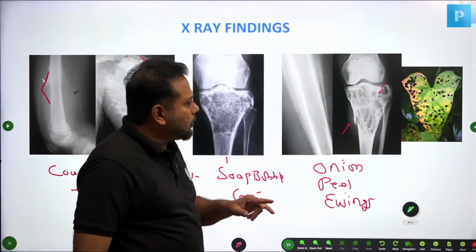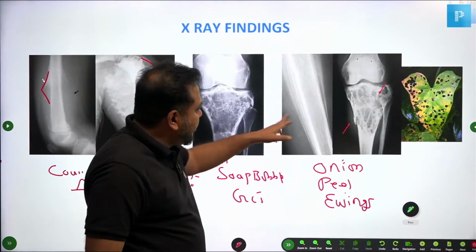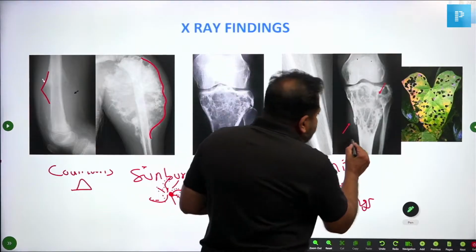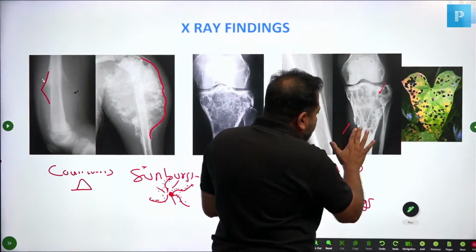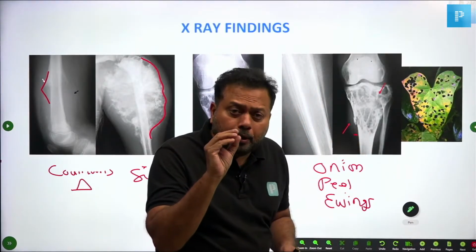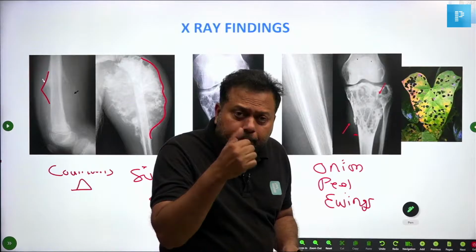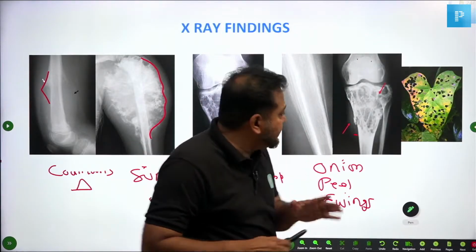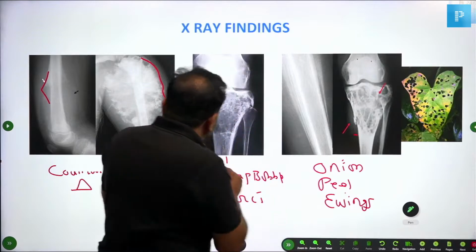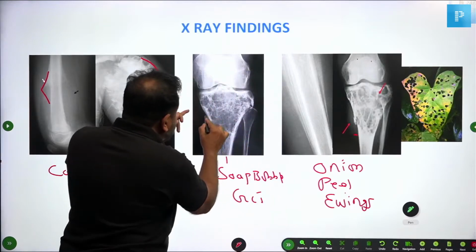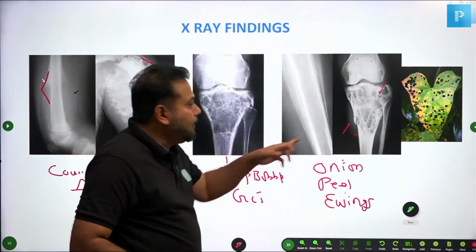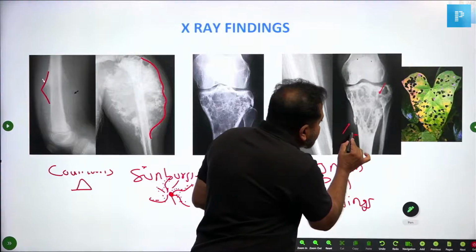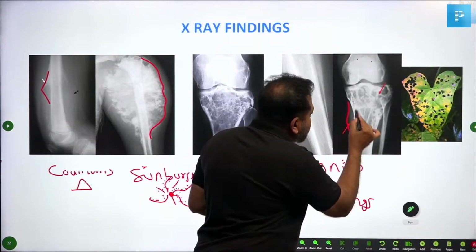In Ewing sarcoma, exactly like this, raise your background lighting and zoom and see. Here absolutely no periosteal reaction, soft tissues, you can't see anything. In this situation, some sort of periosteal reaction is seen.